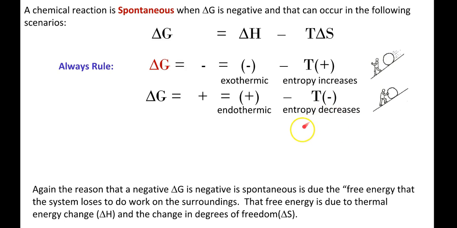That would be a loss of degrees of freedom, and that would be negative. And you do the math, if you don't see it, we're going to do the math here, and what we get is a plus, plus, and that always gives me a positive delta G. And so this is the never rule.